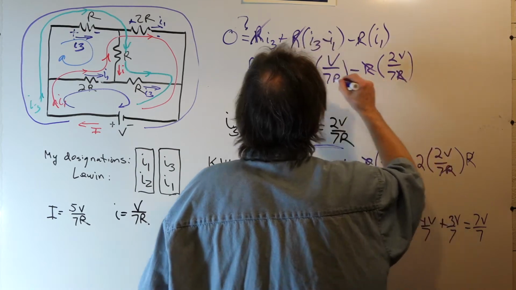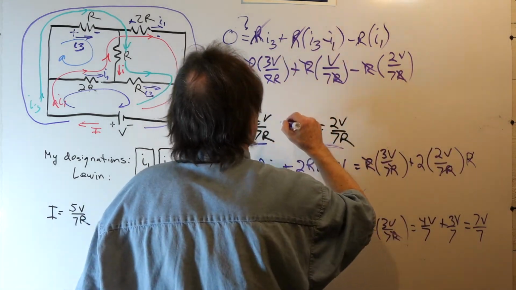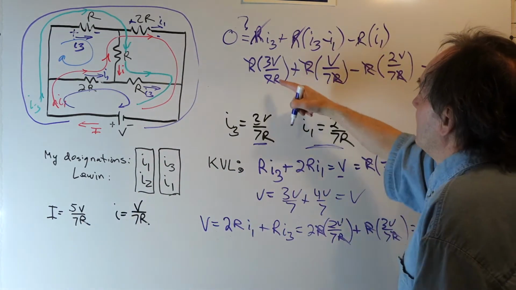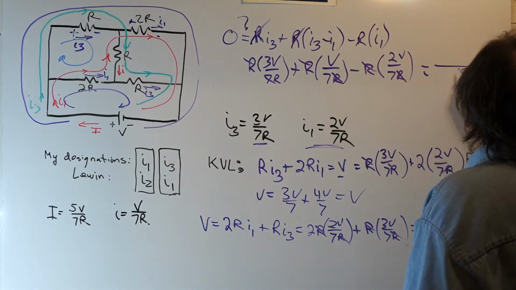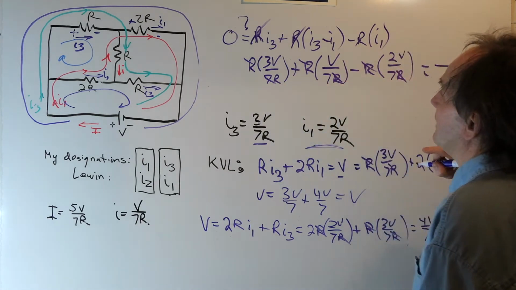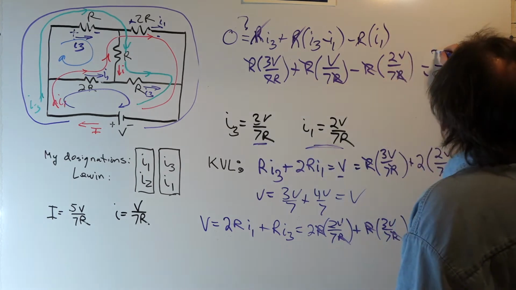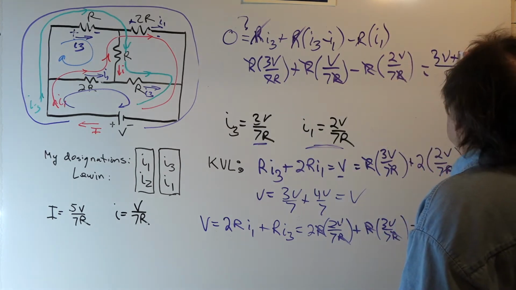All right, now our R's cancel. And what do we end up with? We've got a 7 in each of the denominators. So we have 3V plus V.